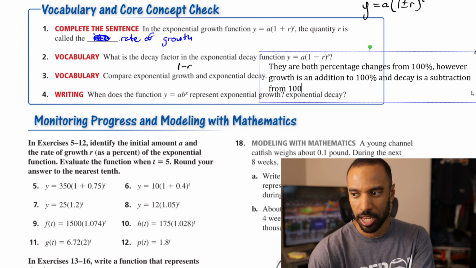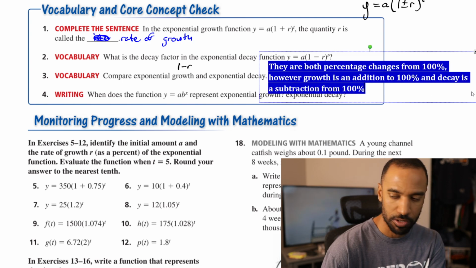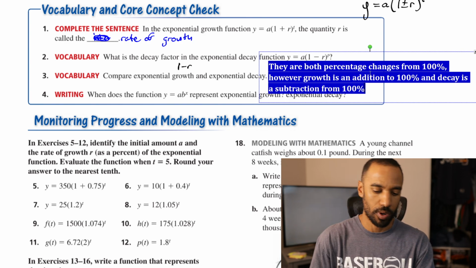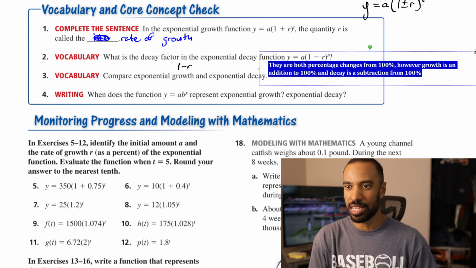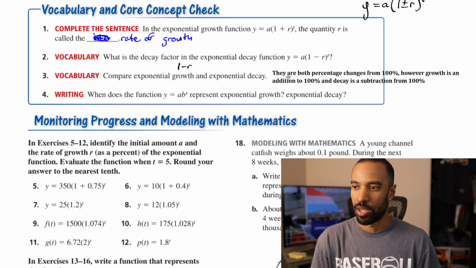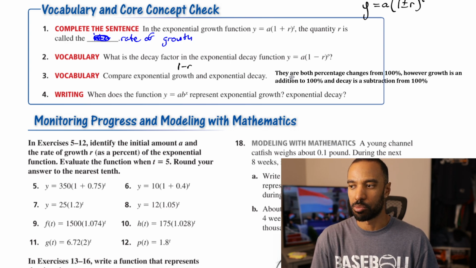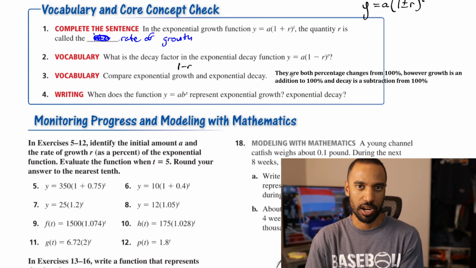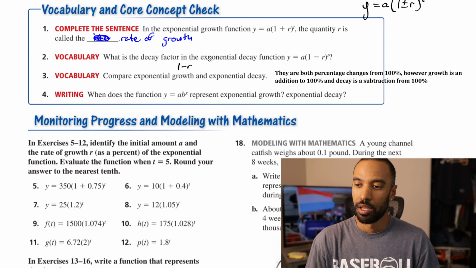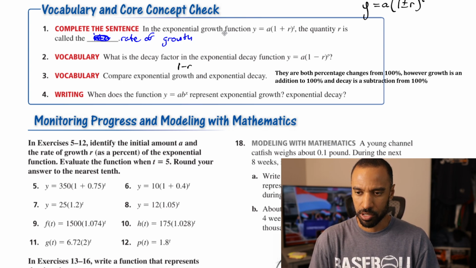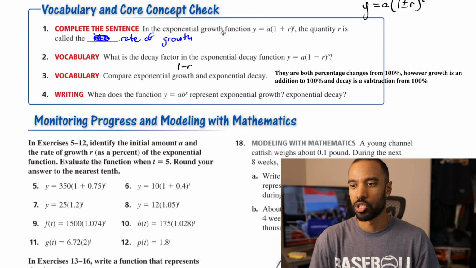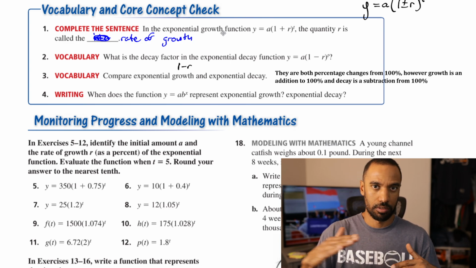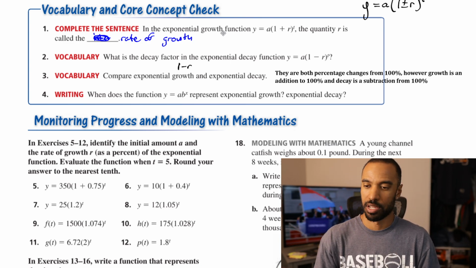And they're obviously both exponential and all that kind of stuff, but just as far as the formulas go, one is a plus, one is a minus, and those are the changes that we seek when we are making the equations. But they're both added to 100% and subtracted, right? We use the number 1 to represent 100% because we're in decimal form. But that's how I'm seeing those two comparisons. Growth increases over time, decay decreases over time.